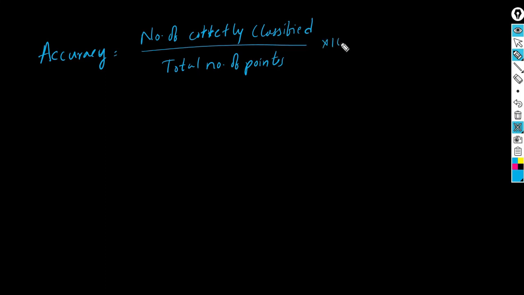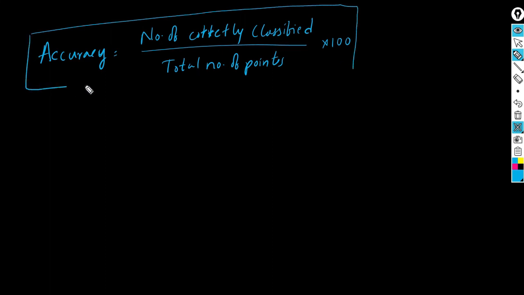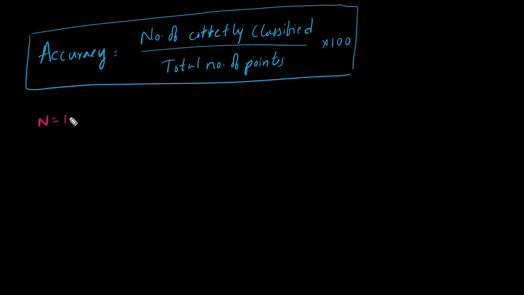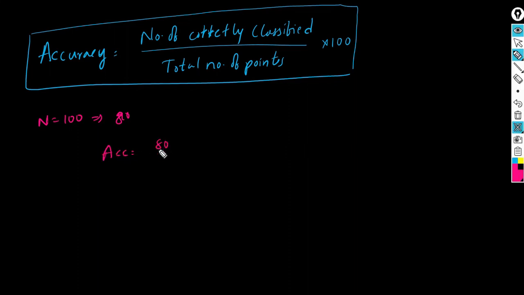And also we can multiply by 100 to get the percentage. This is the accuracy. Let's see an example. Suppose we have 100 points and let's suppose 80 are correctly classified. Then accuracy is equal to 80 by 100 into 100.